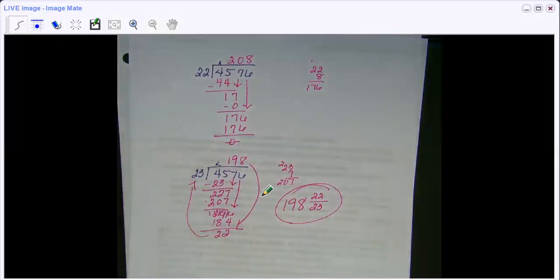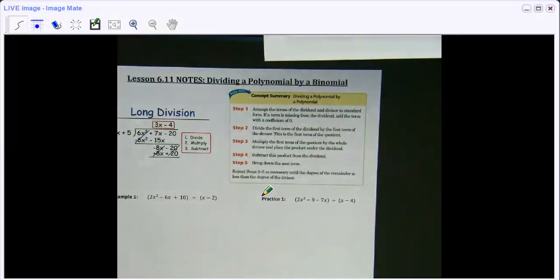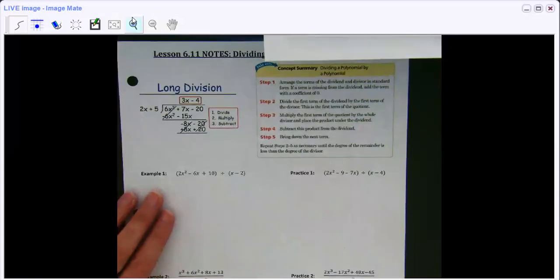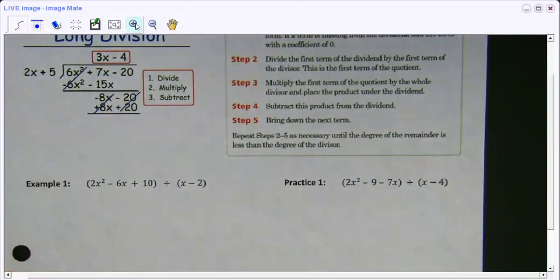Okay. So we are going to do this long division, but we're going to do it with variables. So let's go to our notes. The very first thing that you're going to want to do with these problems is make sure that they're in standard form, going in descending order with the degree of each term.